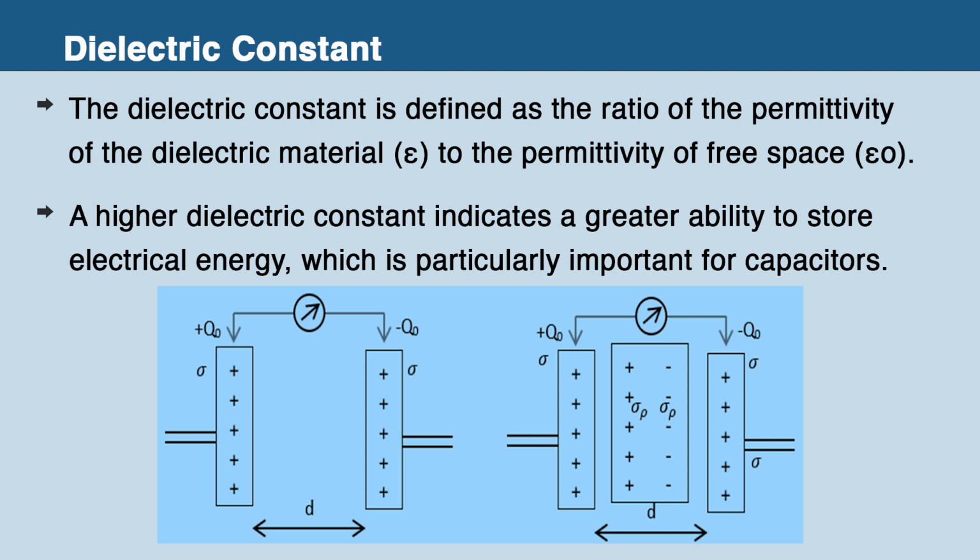The dielectric constant is a measure of the material's ability to store electrical energy in an electric field. Mathematically, epsilon r equals epsilon by epsilon naught. A higher dielectric constant indicates a greater ability to store electrical energy, which is particularly important for capacitors.